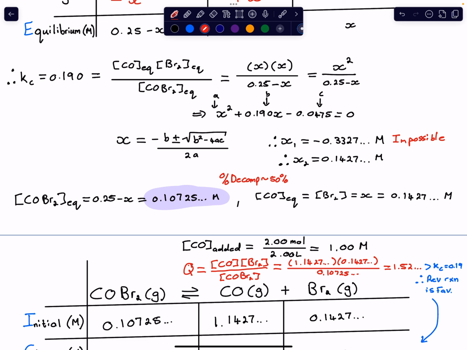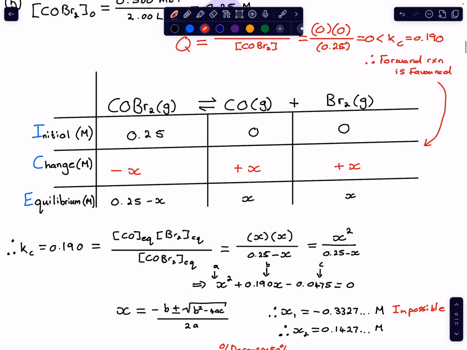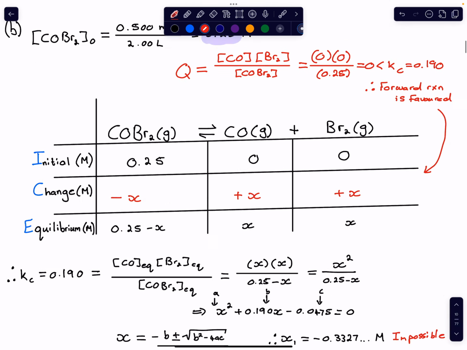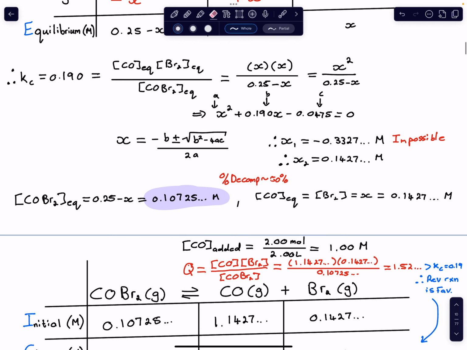Because what's that? 0.1 divided by 0.25, it's actually probably about 40%. So meaning the amount that has reacted, the amount that has decomposed is not 40%, 60%. The amount of carbonyl bromide that has reacted in this reaction is about 60%.